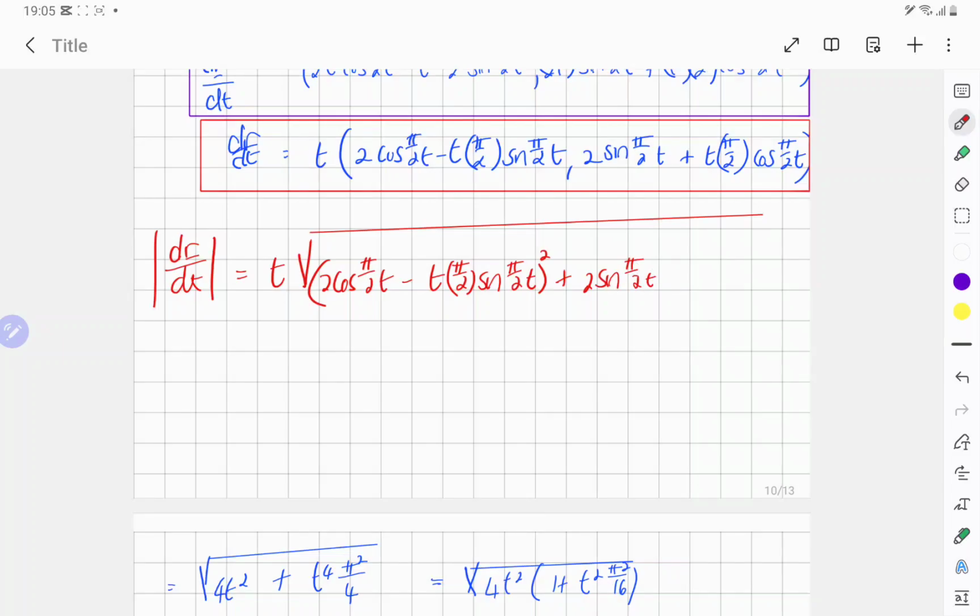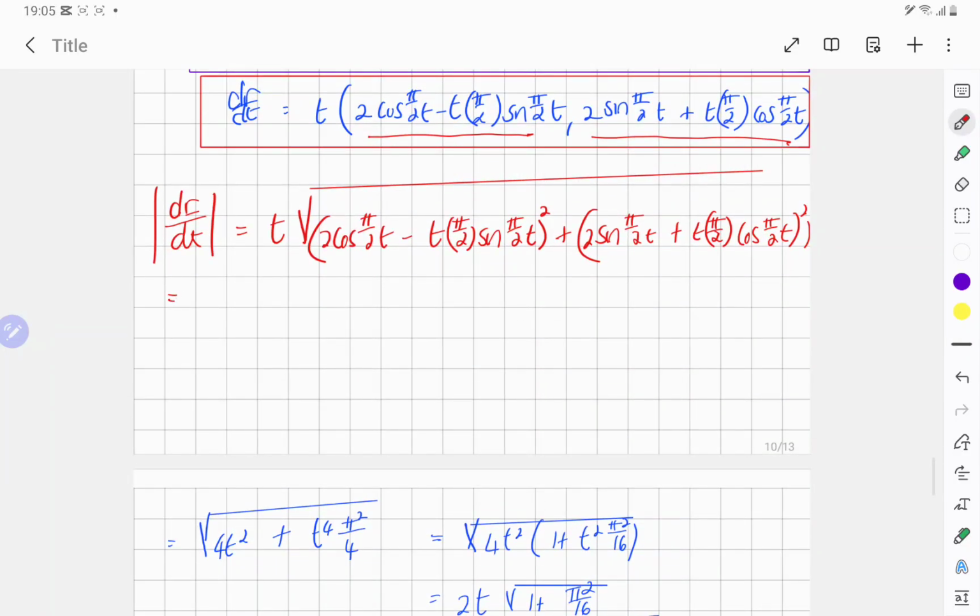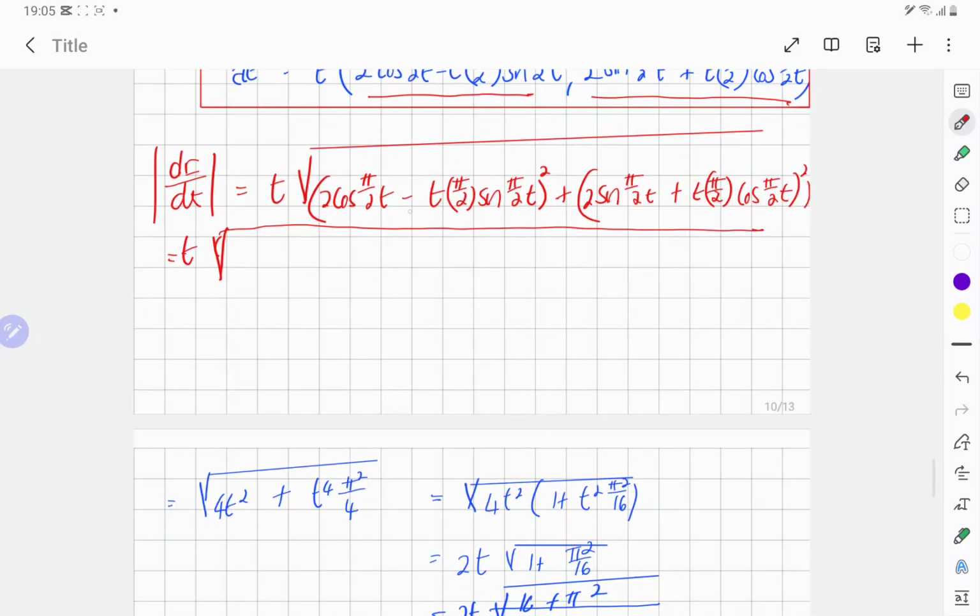So please make sure you copy from your previous solution properly. So we have the x component of the derivative squared plus the y component of the derivative squared. Now what I'm going to do, see if you can follow here.